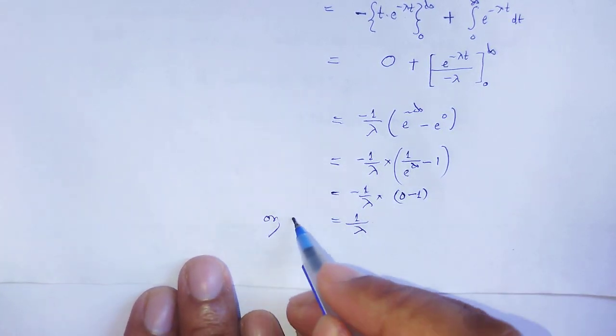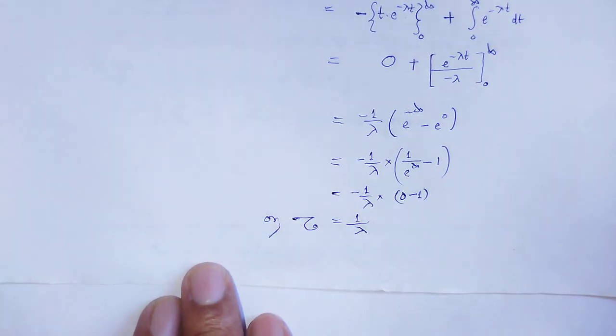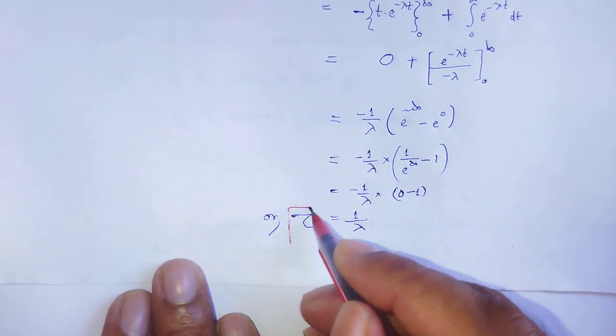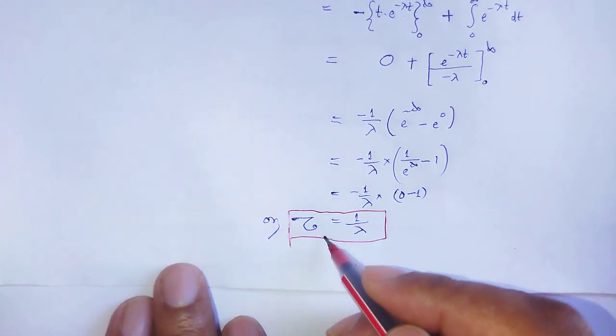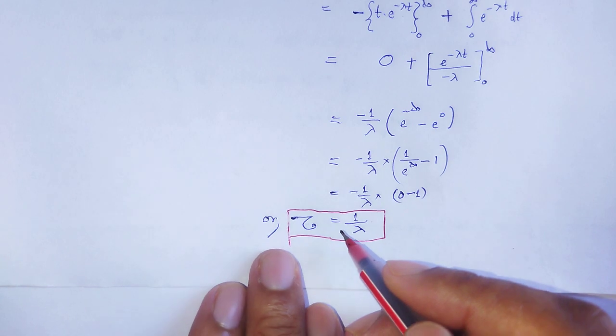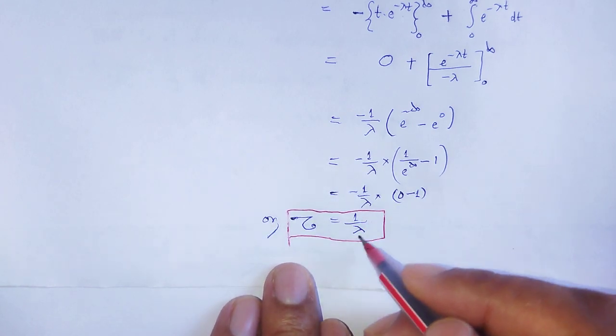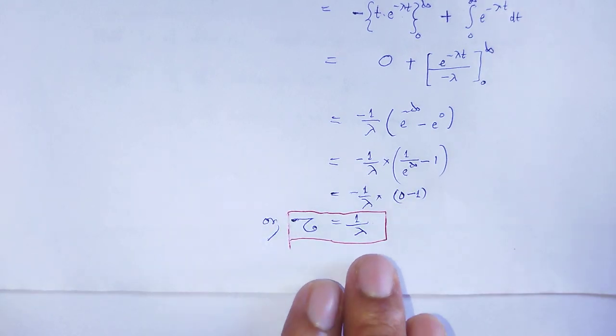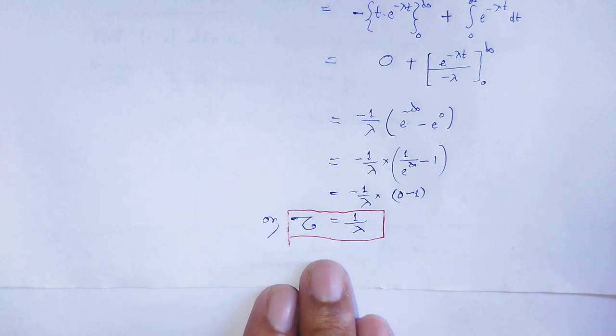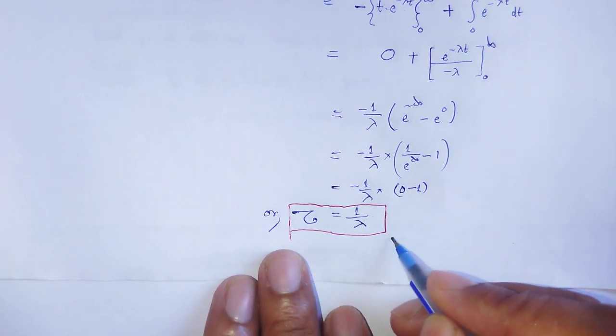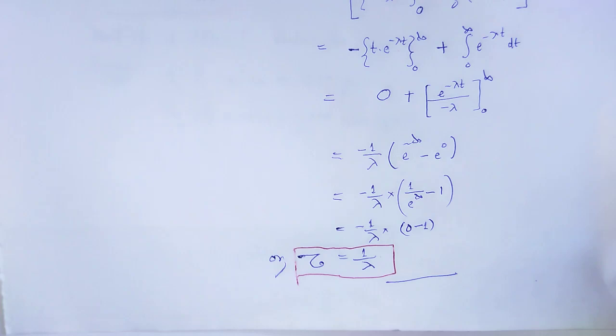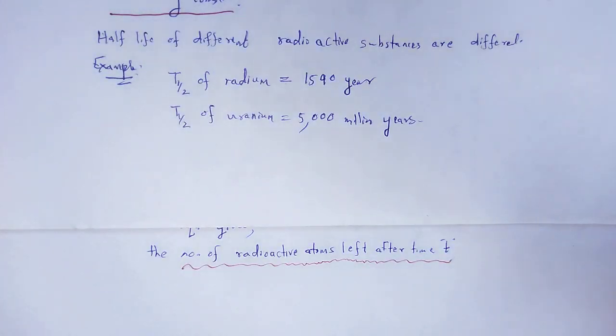This is for tau. In the final expression we have the mean life is equal to the reciprocal of the decay constant. This is equation number 4.